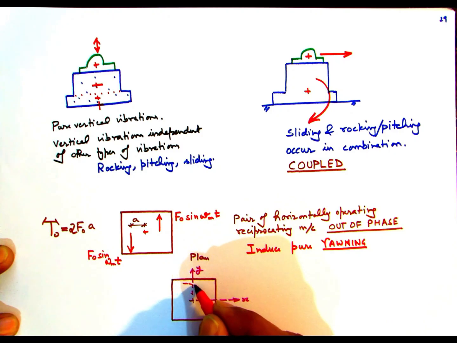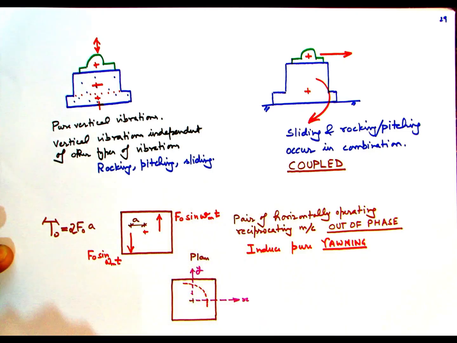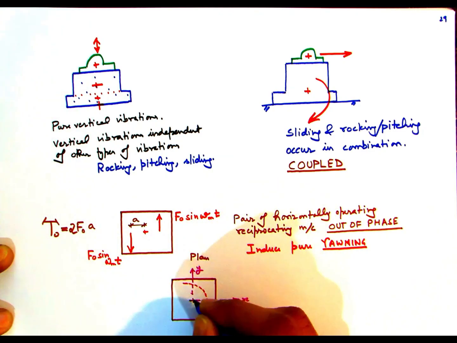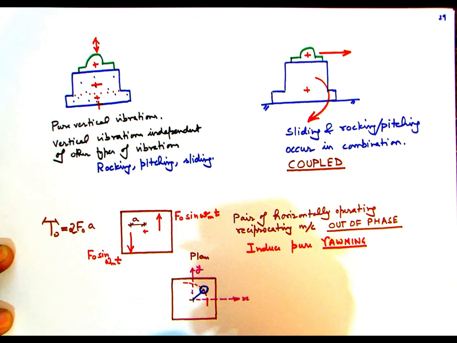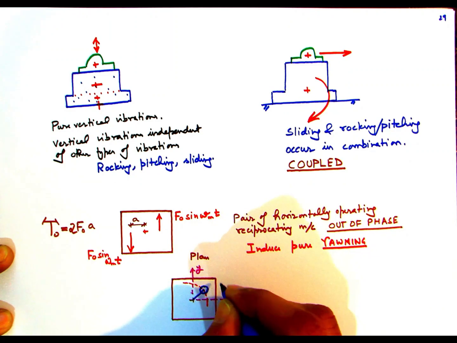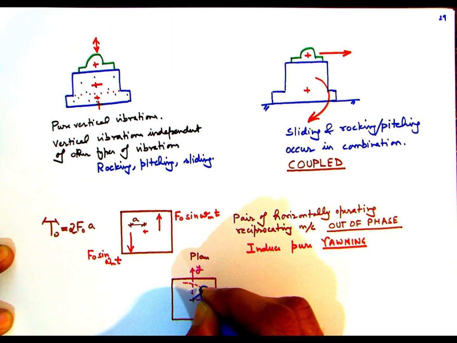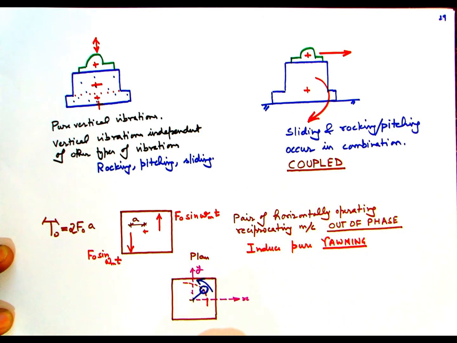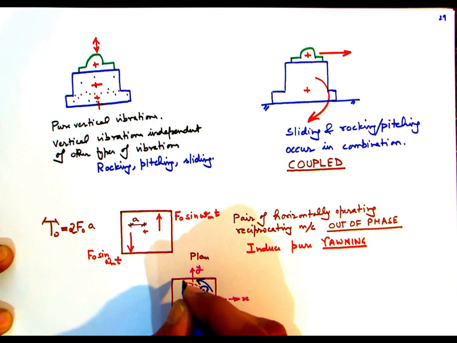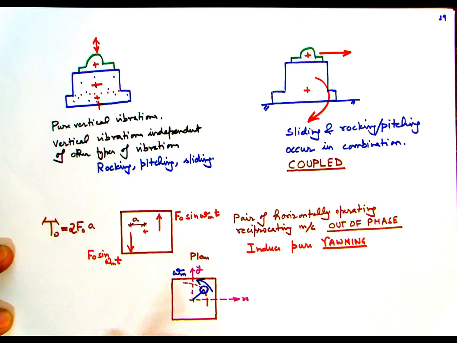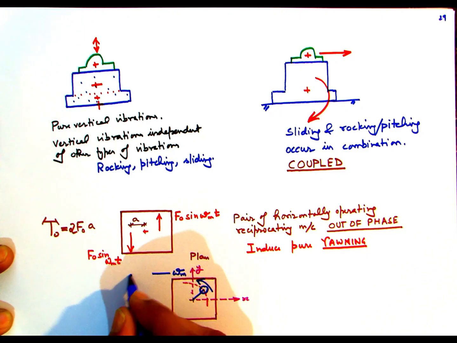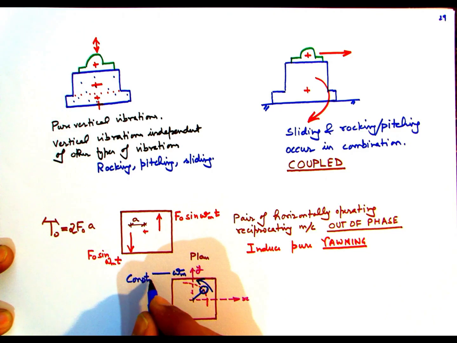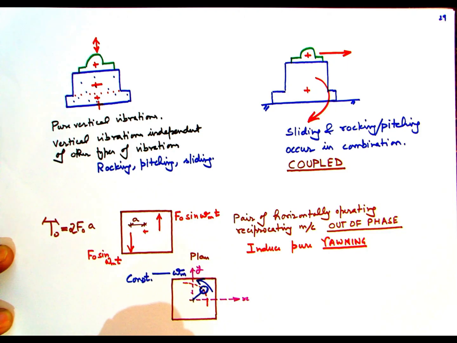Z is of course vertical and coming out of the plane of the sheet, and let's say there is a mass which is undergoing anti-clockwise rotation with a constant angular frequency. So what will be the effect of this rotating mass whose angular frequency is omega m and constant? Will it produce any yawing?